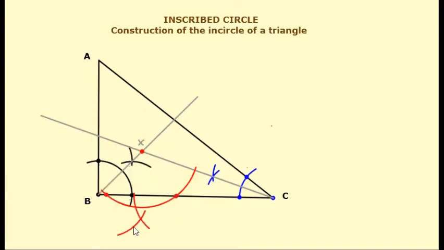Now you can see this is the intersecting point, so I'm going to join these together, always using the ruler. Now you can see this is the point where it intersects the BC side, and I'm going to name this point O.